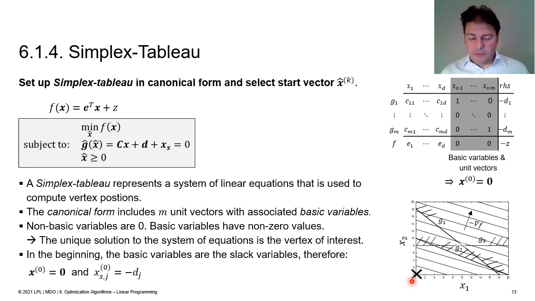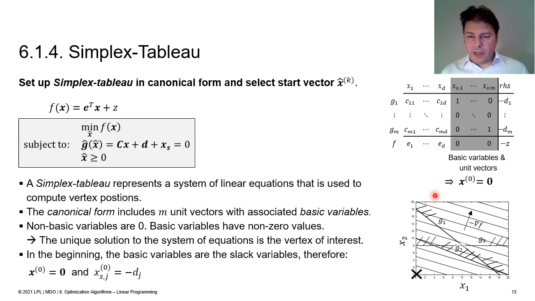If you have a problem where this point is not feasible, because there is a constraint running like this, for example, then you need to transform your problem into one where the origin is included. But this can be done by appropriate coordinate transformation.